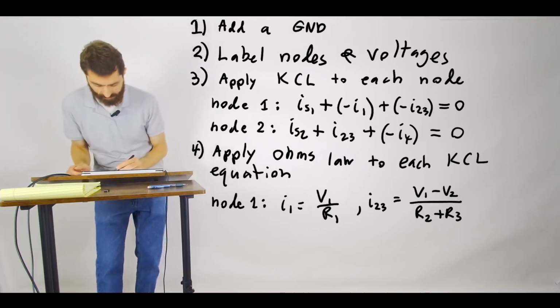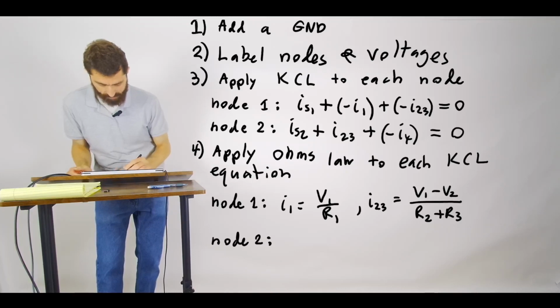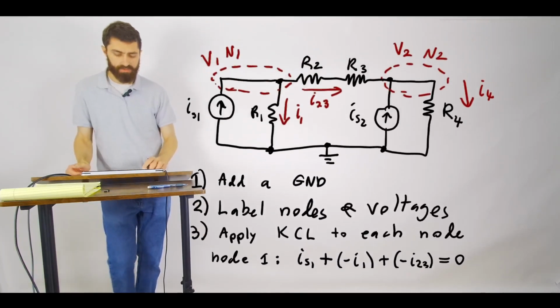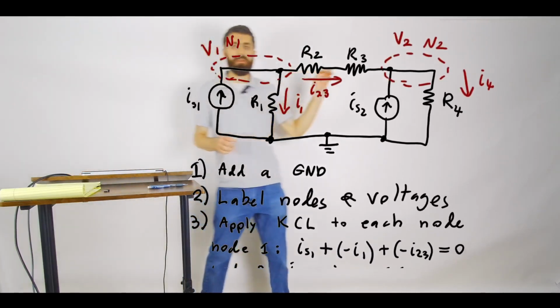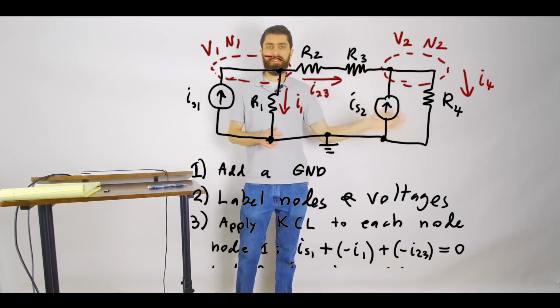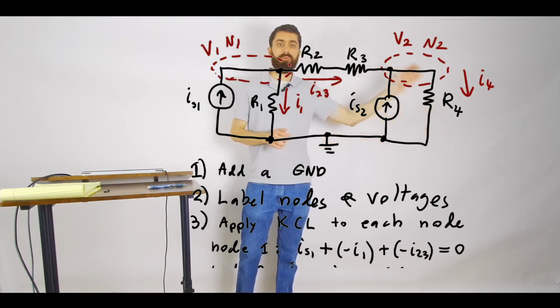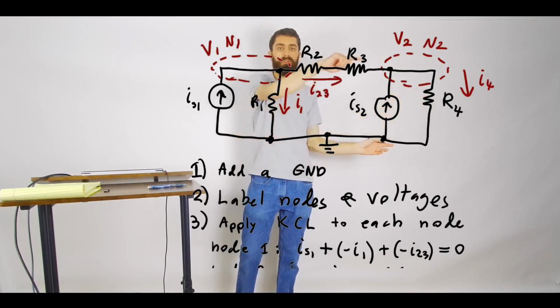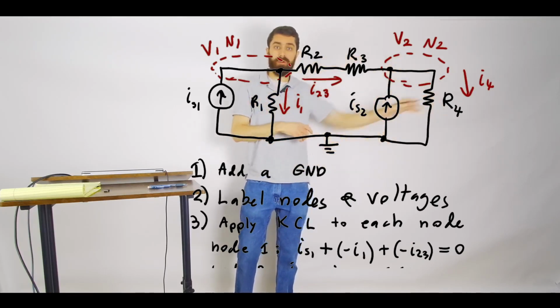Let's do the same thing for node 2. So for node 2, we already have I23. We know what I23 is. We came up with an expression for that. IS2 is given. So what is I4 based on the voltages? Well, we have a voltage V2 across R4.